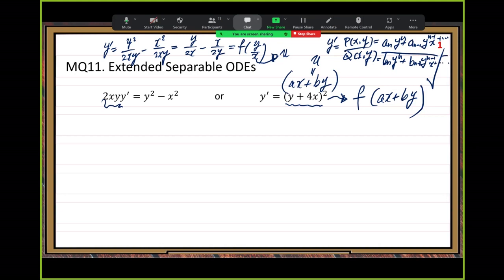Can you see that P polynomial over Q polynomial can be written as some f function of y over x?